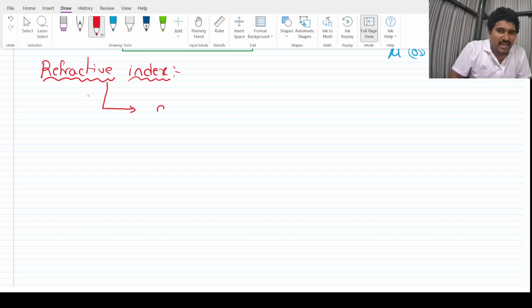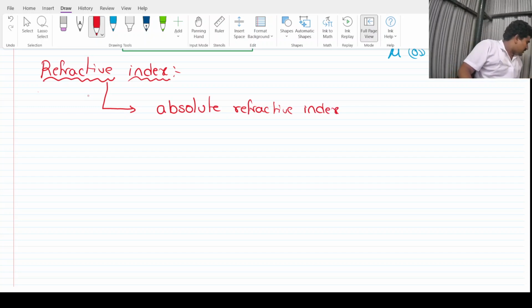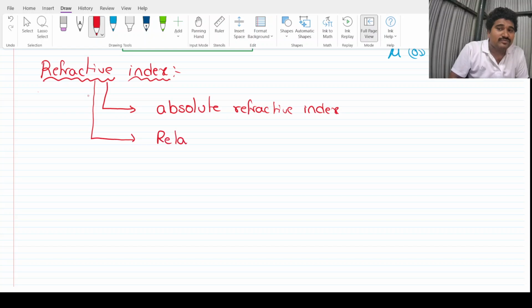One is absolute refractive index. Another one is relative refractive index.